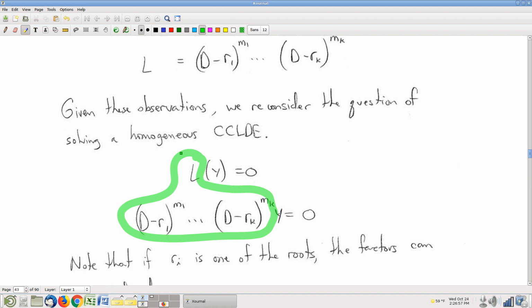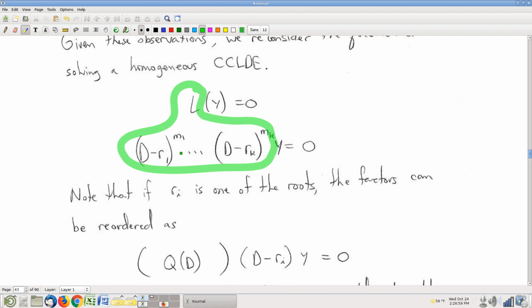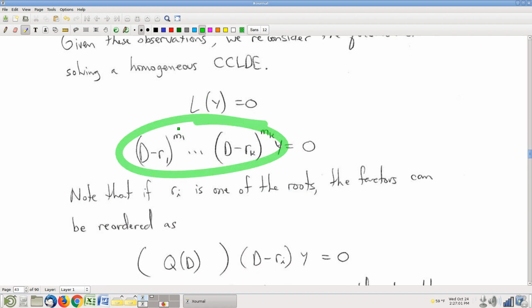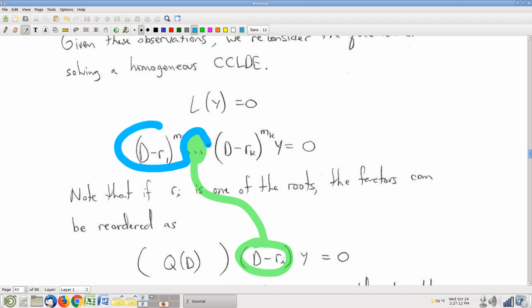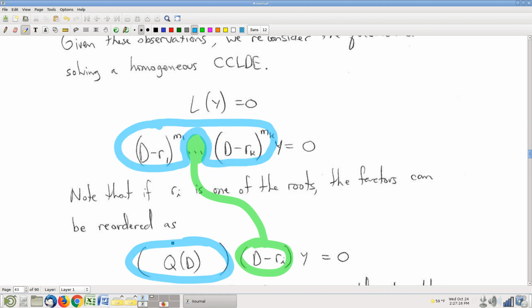So because they commute, I can rewrite all of this by taking one of these factors, pulling it over to the right, and all the remaining factors, other than the one that I pulled out, we'll put over here. I'm just going to call it Q of D. It's some polynomial in D. It doesn't really matter.